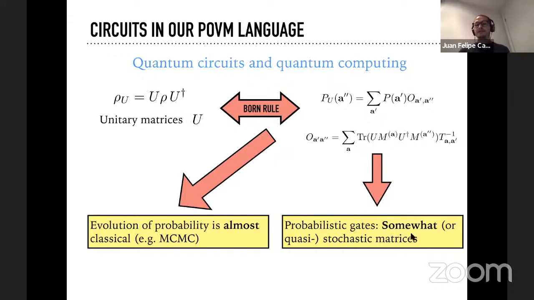Mathematicians call these matrices quasi-stochastic matrices, because if you sum over the columns, you get 1, but they can be positive and negative, and so they cannot be interpreted as a transition matrix in probability or as a conditional distribution. And so we have to be smart about how we get this PU.